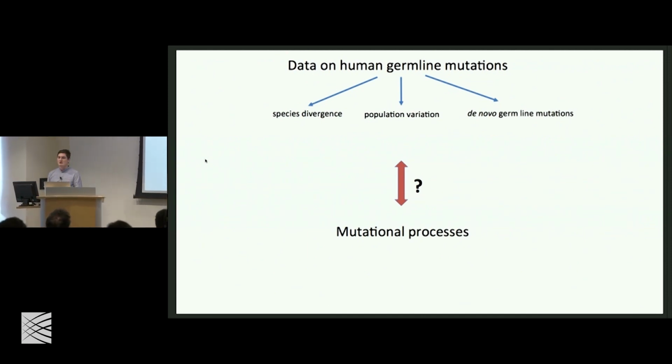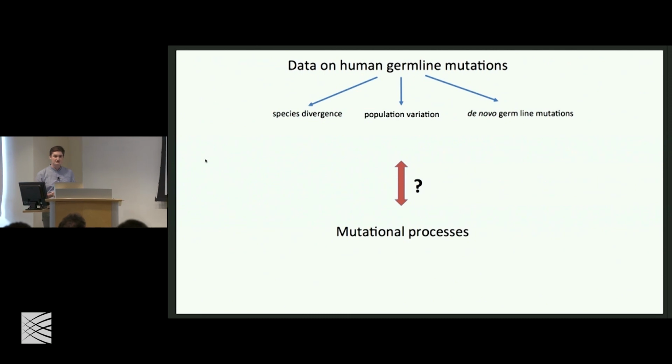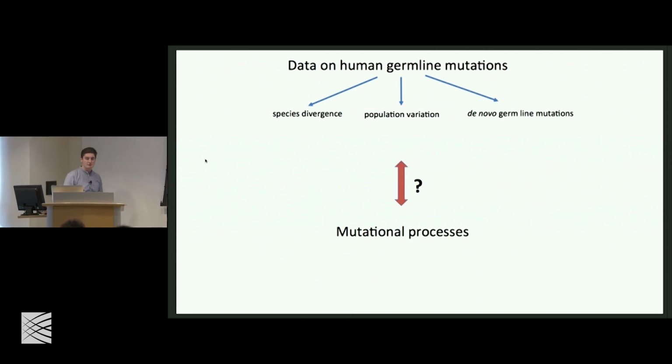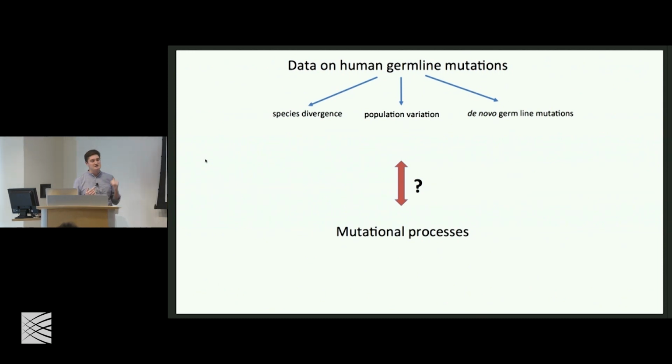We have data from studies of de novo trios, data on population variation, and data on interspecies divergence. So the goal of this talk is to understand, from the statistical properties of these data sets, what the mutational processes are that generated them.